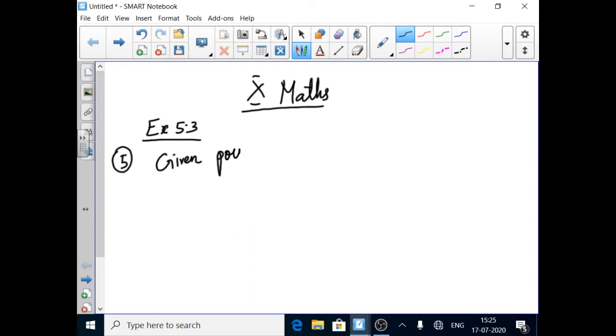Given points are (-2, 3) and (8, 5). Okay, so for the 2 points, here we should find out the slope of a line.